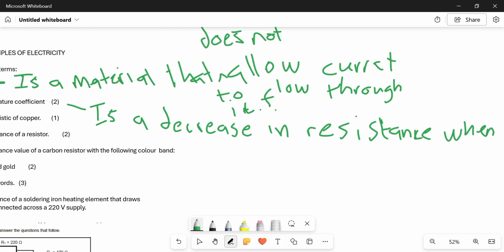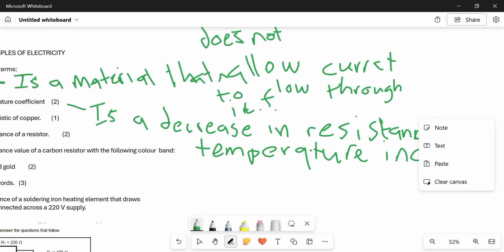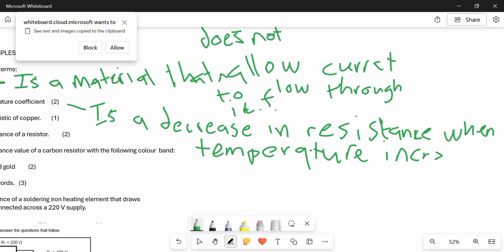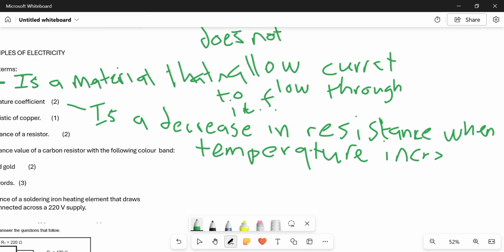Okay, that's how you define temperature coefficient.